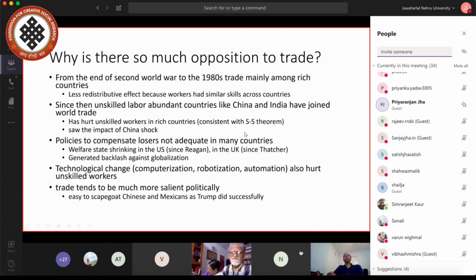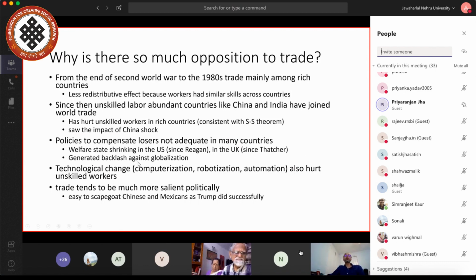Now, while that has been happening, the welfare state has shrunk in many of these countries. So policies to compensate the losers are not adequate. The welfare state has shrunk in the US since Reagan and in the UK since Thatcher. And so there's more of a backlash against globalization in these countries compared to other European countries, which still have a pretty generous welfare state, and the welfare state has expanded, if anything.